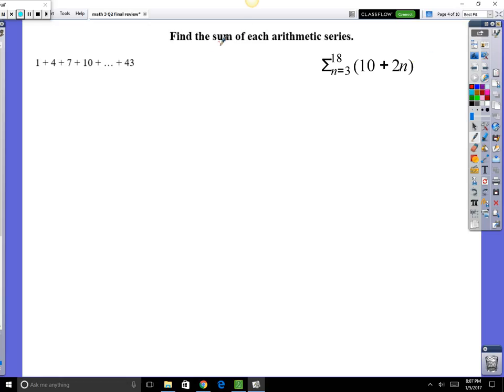Okay, now we're going to do a sum of the arithmetic series. So if you add them all up, the sequence turns into a series. So the sum of an arithmetic sequence is found by a formula where we do the very first element in the list plus the very last.